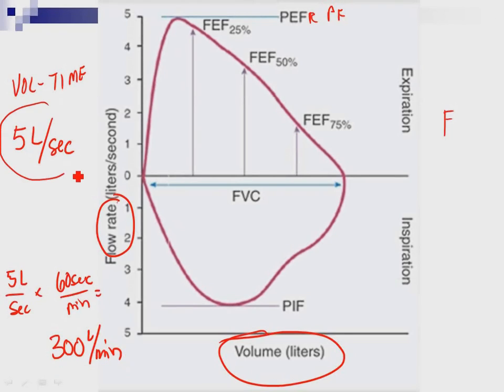Unfortunately, in the PFT lab, we measure in liters per second. In the ER, you measure in liters per minute. So you need to go back and forth between the two. Do you think they'd make it easy on you? Nah. That would make my job too easy.